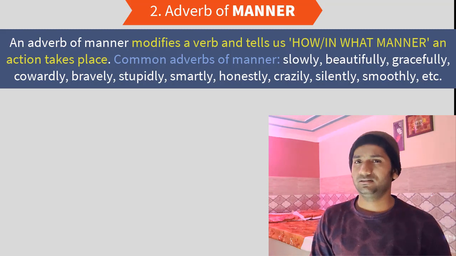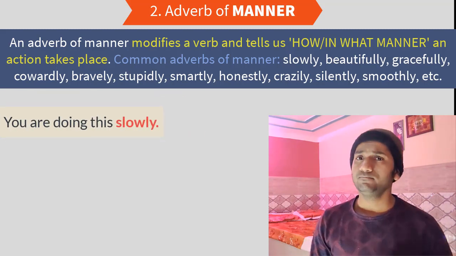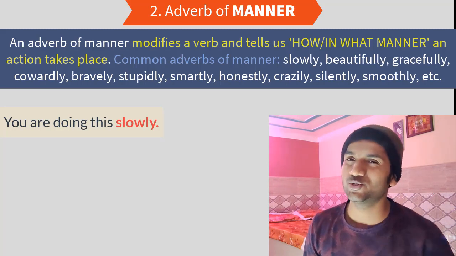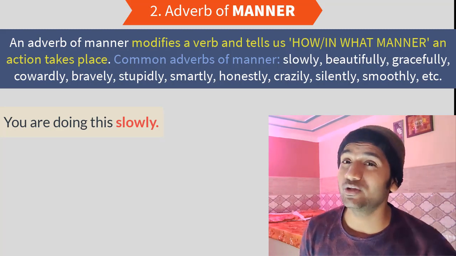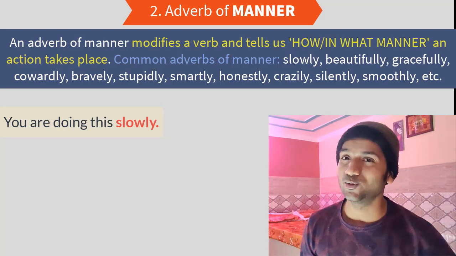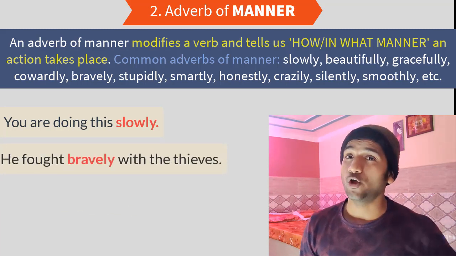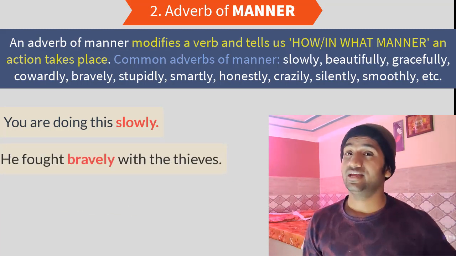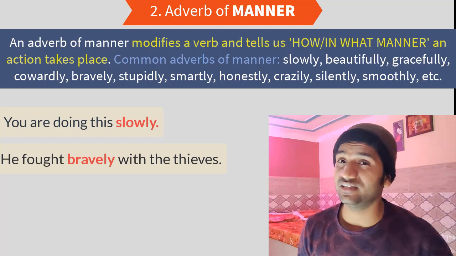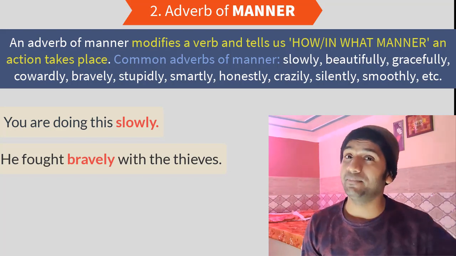Let me show you some examples. You are doing this slowly. How are you doing it? Ask the question how to the verb. You are doing it slowly. This is how you are doing this action. He fought bravely with the thieves. How did he fight? Bravely. That's how the action happened in the past.